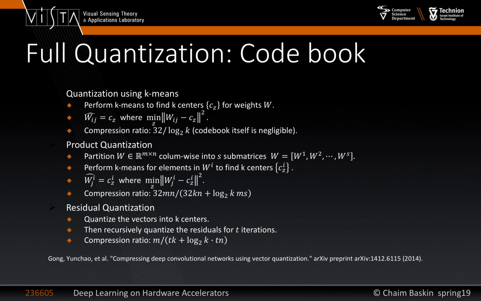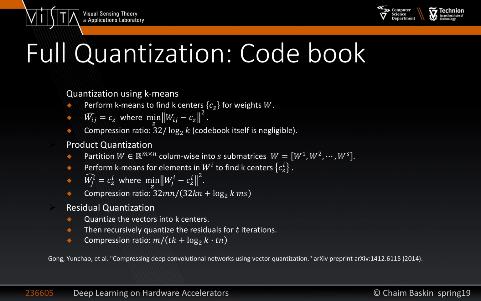First we make quantization using k-means, an algorithm that performs clustering. We set the number of clusters to the number of integer precisions that we want to get. Then we perform k-means to find k centers for the weights.